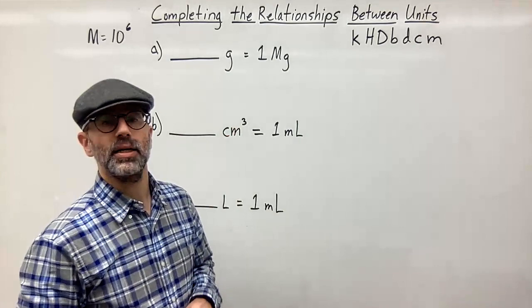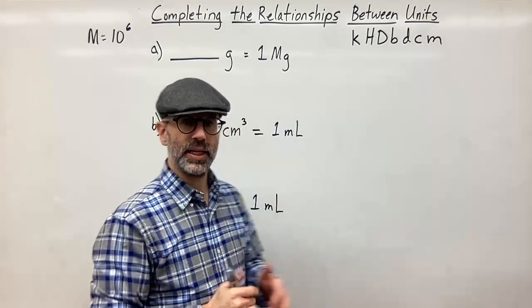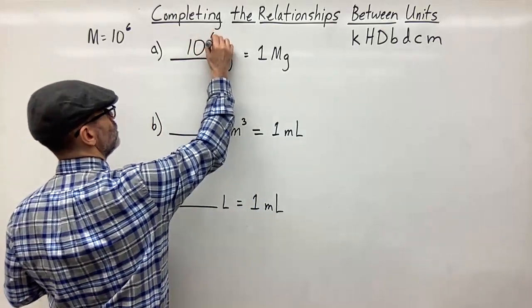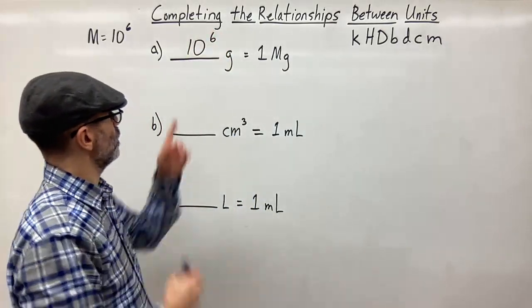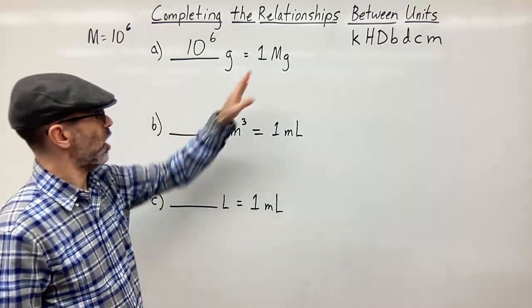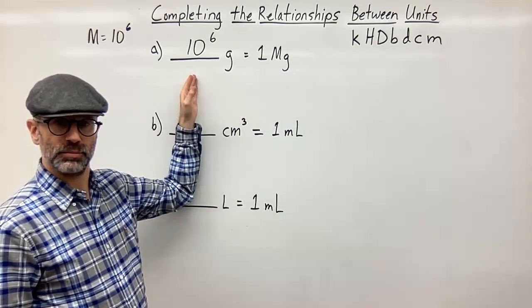Since mega stands for the multiplier 10 to the 6, I put that here. So 10 to the 6, or 1 million. So 1 megagram is equal to 1,000,000 grams.